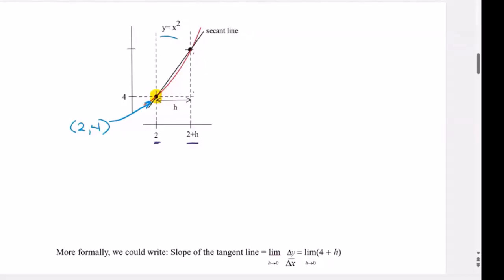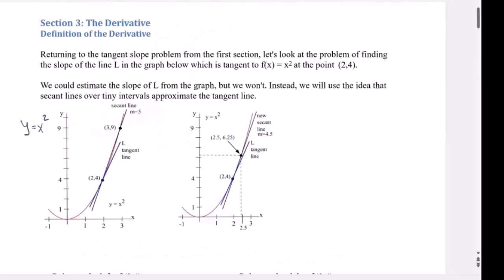Basically, what this 2 plus h means is very similar to what we have here. We picked a number 2.5, which is the distance between those two numbers from here to here is 0.5. So for this graph, this would be my h.